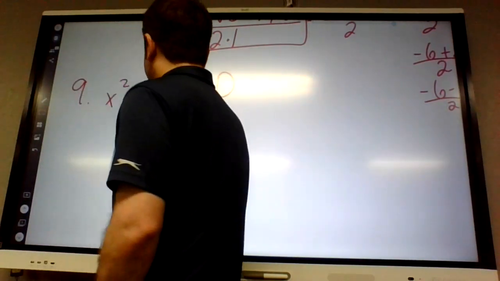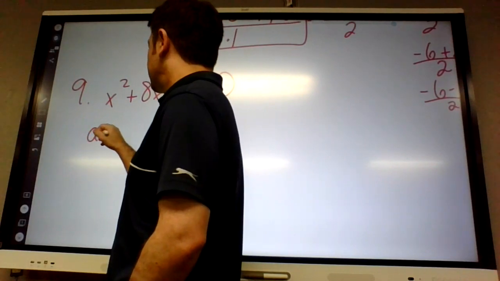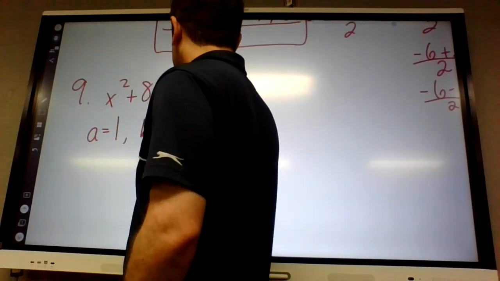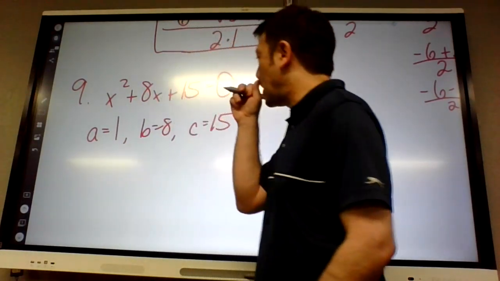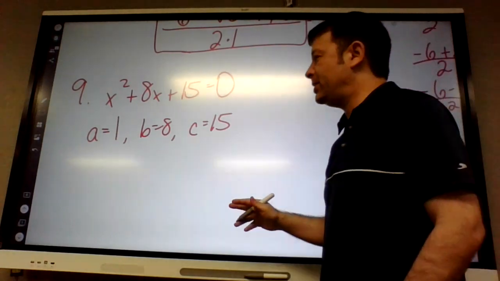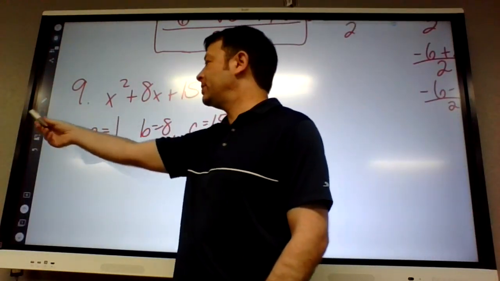So starting with what's my A, B, and C? 1, 8, and 15. Okay, so negative B is what we're starting with, right?